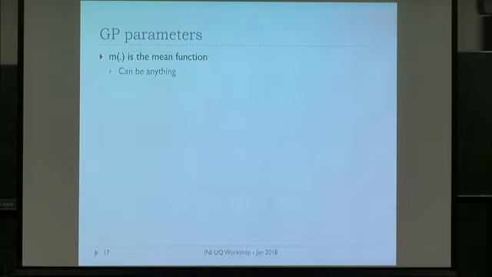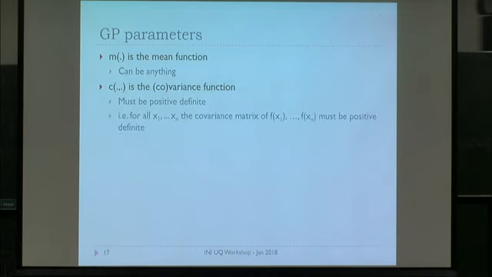The parameters we use: m is the mean function, and that can be anything, any function on the same space, obviously. The covariance function, though, must be positive definite, in the sense that for any x1 up to xn, that covariance matrix I showed you before must be positive definite. And this has to hold for all possible sets of x's, no matter how many.